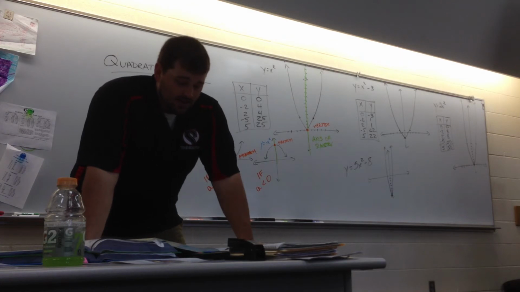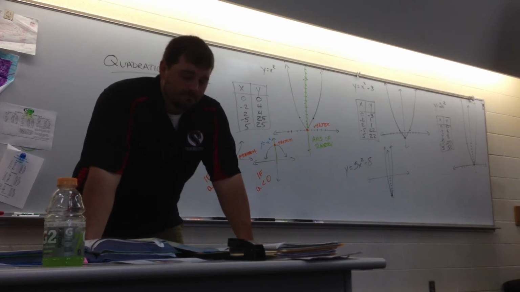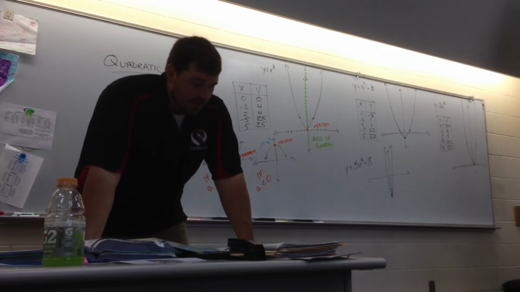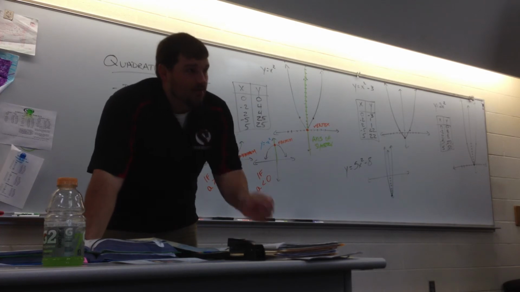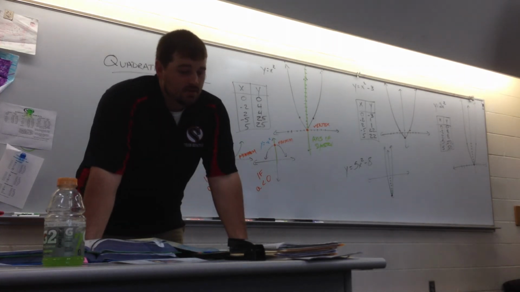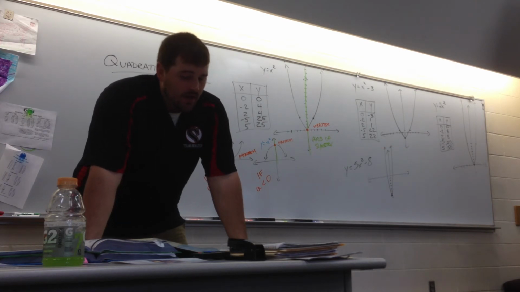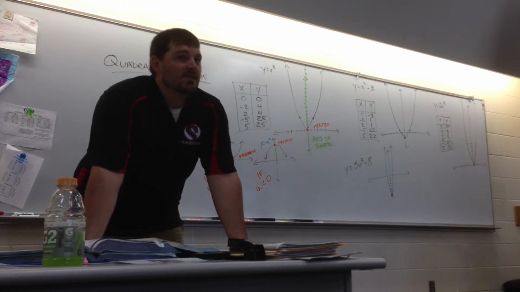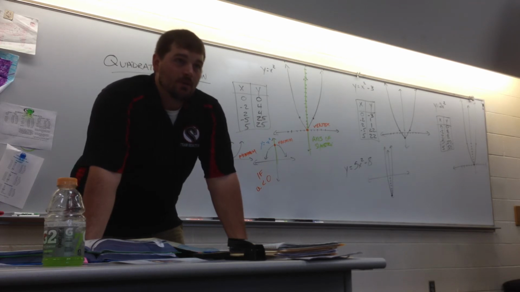That's problem 5 on page 549. You can see that the falling object model is h equals negative 16t squared plus c. So what we really have is a quadratic function in the form y equals ax squared plus c, where h is the height in feet, t is time in seconds, and c is the initial height.